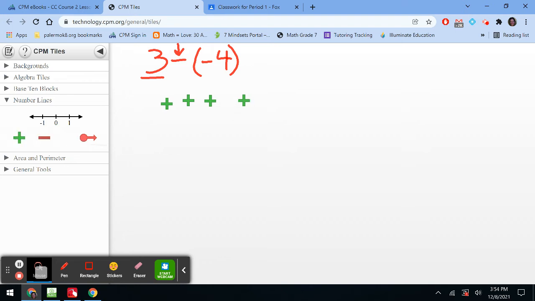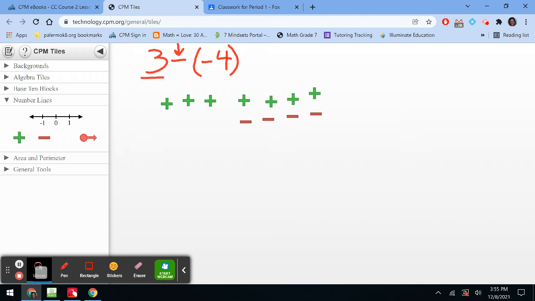So I have 1 0 pair where I can remove -1, -2, -3, and -4. And again, I'm adding those 0 pairs because I still want to keep the value of my first term, which is 3. Even though it doesn't look like 3, it is 3.